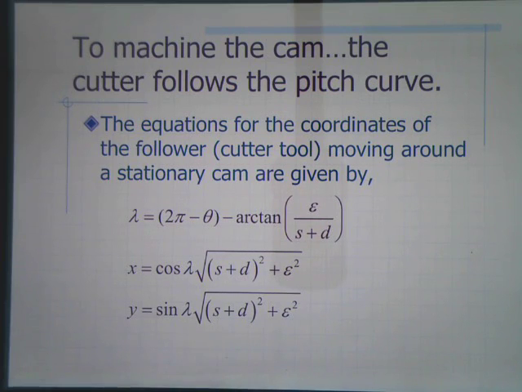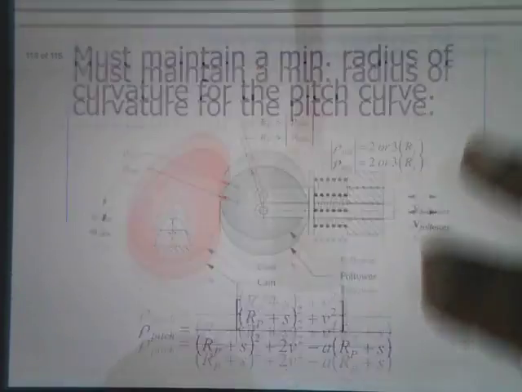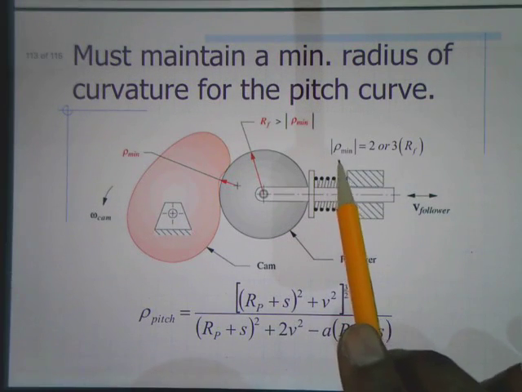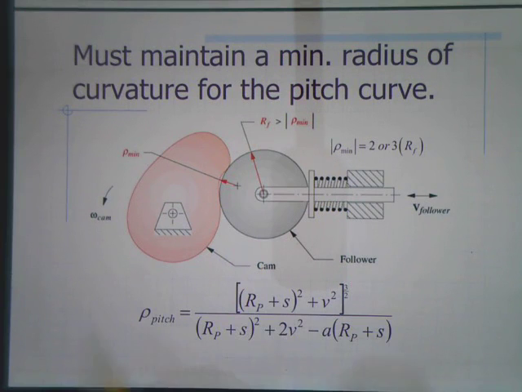This is really a matter of first determining the table, doing our normal cam design, getting values for S, V, A, and J, and then making sure that we pick a prime circle radius which results in a pressure angle that is always 30 or less, and also choosing a follower radius such that the minimum radius of curvature of our pitch curve is always at least 2 or 3 times as large as that roller follower radius.